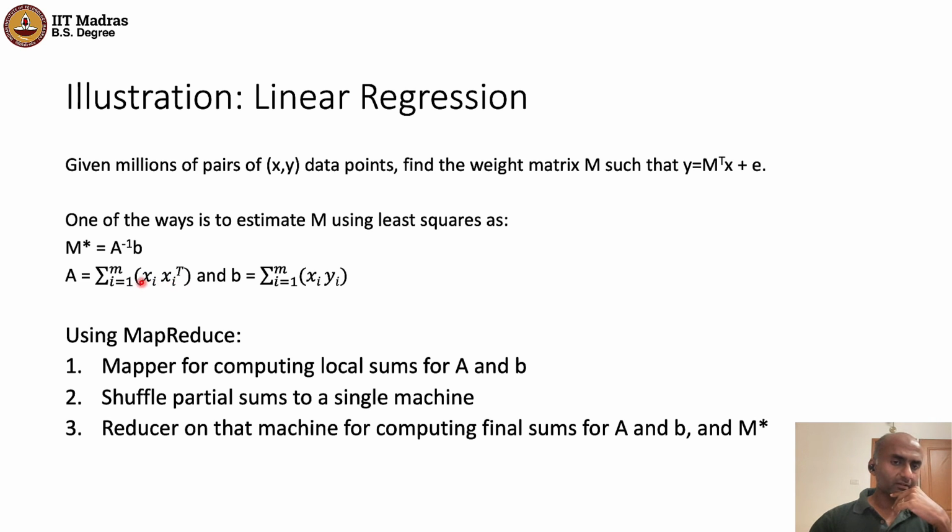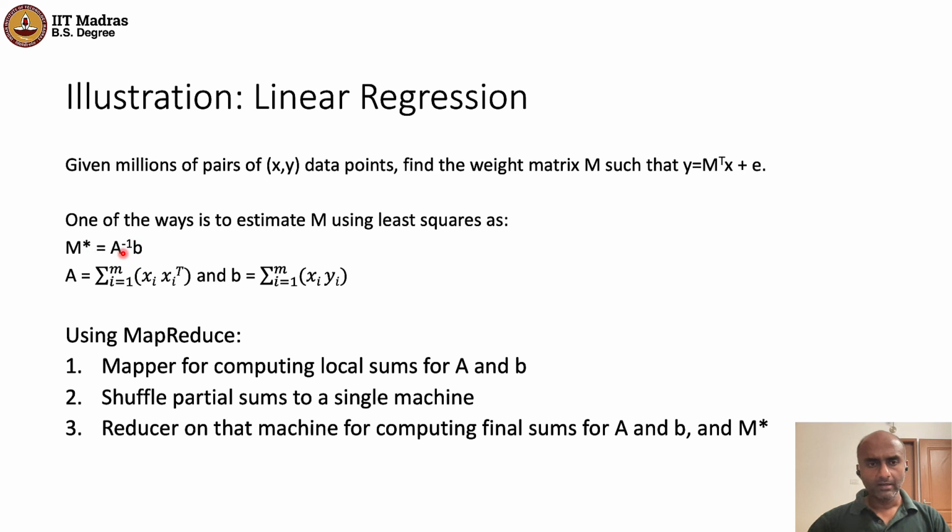So each map task calculates the partial sums of both A and B, and then you shuffle these partial sums to a single machine. And at this point, the partial sums themselves are going to be very small in number, in terms of total byte size that they occupy. So that shuffling of the partial sums to a single machine brings it all to a single machine, and there I can apply the reducer to compute the final sum, basically the final values of A and B, and then compute the final value of M, right?